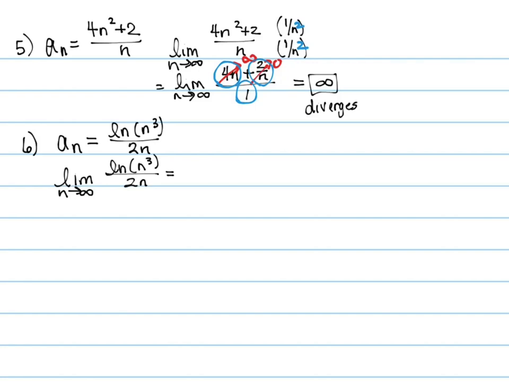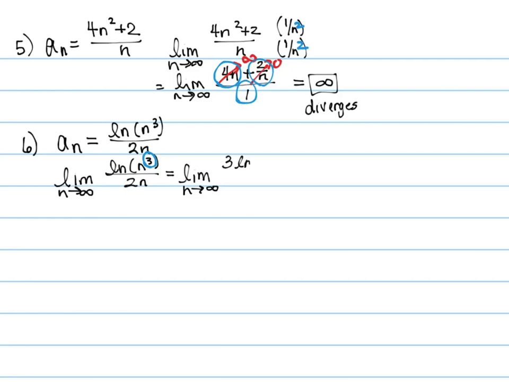There's a couple of ways I can deal with logs. Maybe you remember log properties. If so, that's fantastic. If not, you can deal with the log derivative on top by using the chain rule, and that's also going to work just fine. It's not a terribly messy one. So would you guys like to remember log properties, or would you like to do the chain rule? Log properties? Okay. One of the log properties is that when you have an exponent inside of the log, I'm talking about this 3 right here, that's the same thing as it being a coefficient.